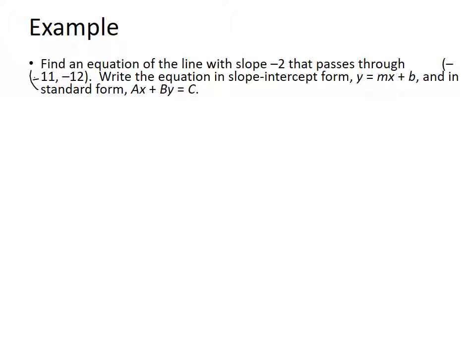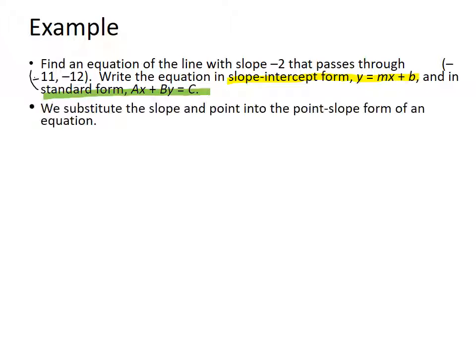With that, our goal is we want to write it in slope-intercept form, which is y equals mx plus b, and we want to put it in standard form, which is ax plus by equals c. And in standard form, remember, we don't have any decimals or fractions.